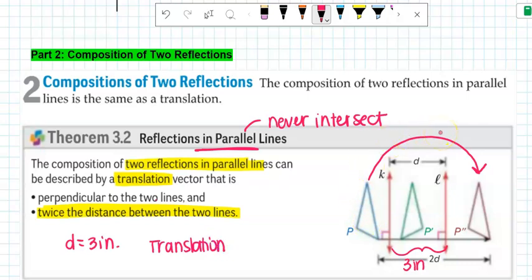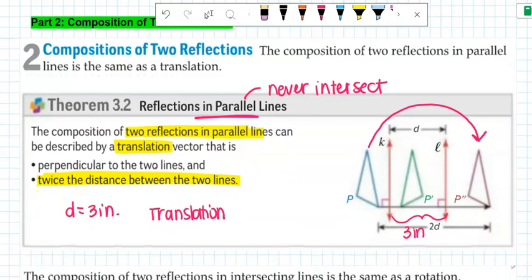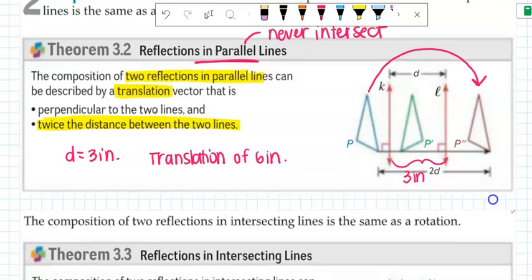Okay, the reason is that remember when we reflect something, it has to be the same distance from the line. Okay, so we basically have one distance from here to here, and then a second distance from the middle one to the end one. So the translation for this one, if our distance was 3 inches, would be a translation of 6 inches in total from beginning all the way to the end. Okay, so that's if they're parallel.